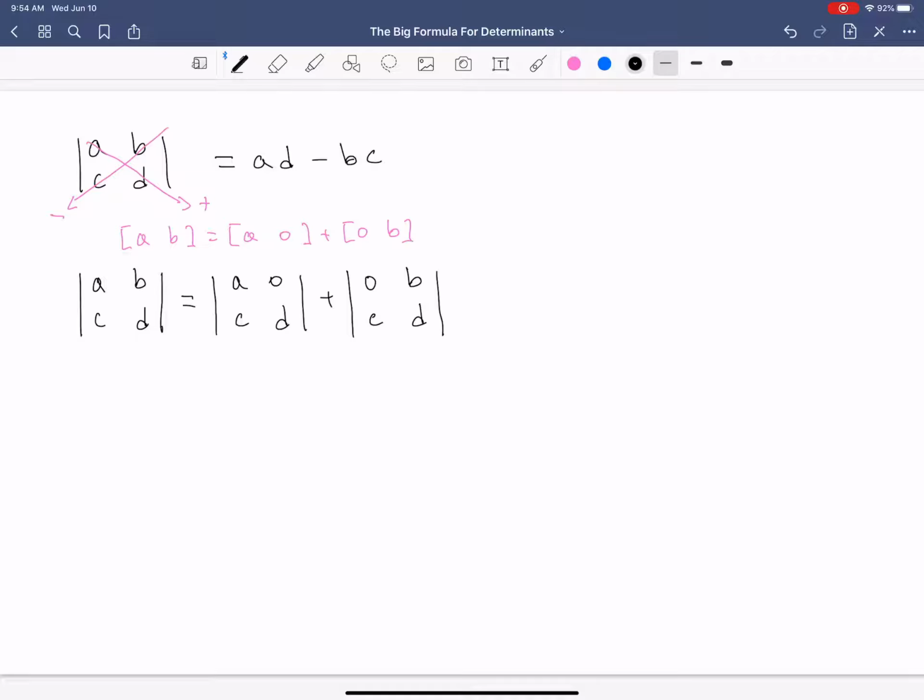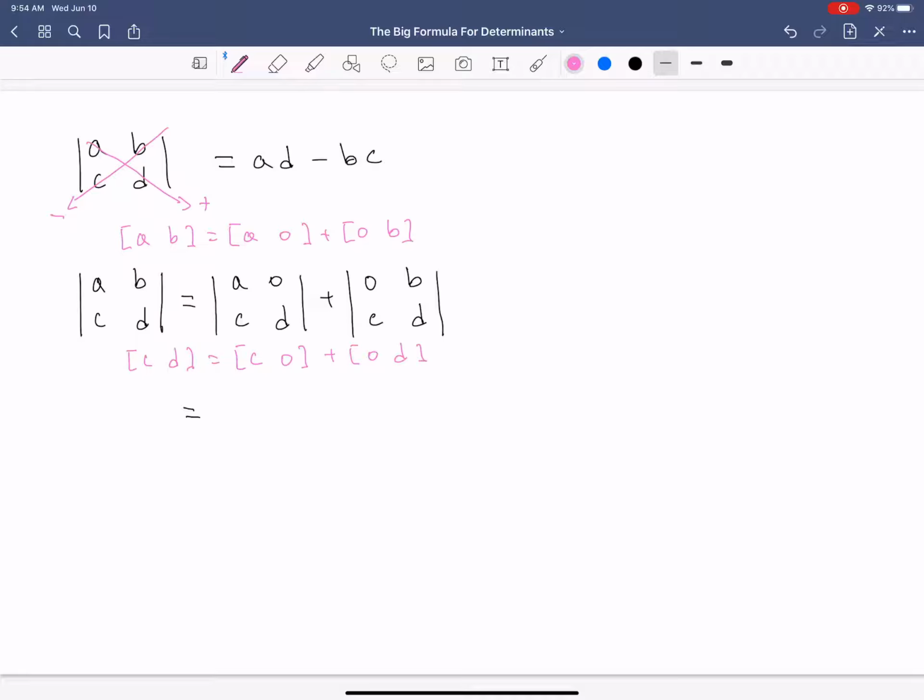Now, on each of these matrices, I can use linearity in the second row. The second row, C D, is the sum of C 0 plus 0 D.